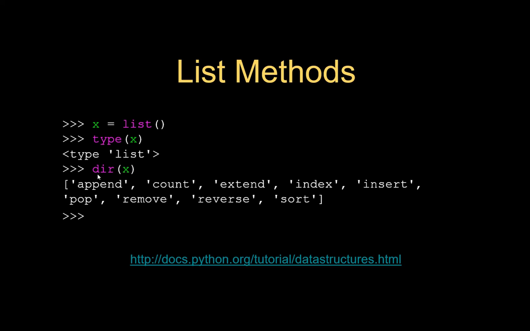What we can do is call the dir method upon this list, and the output of dir is the methods that we can use upon this list. In this case, we have append, count, extend, index, insert, pop, remove, reverse, and sort. We're going to talk about every one of these either later today or in later chapters.